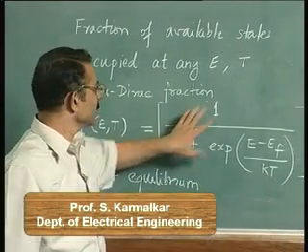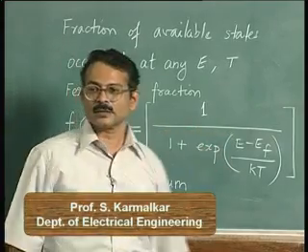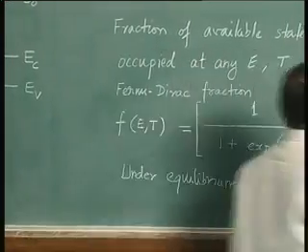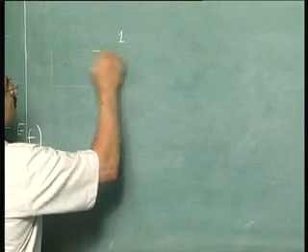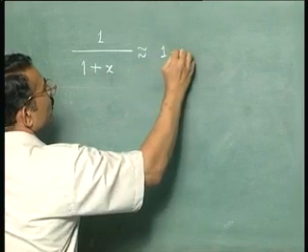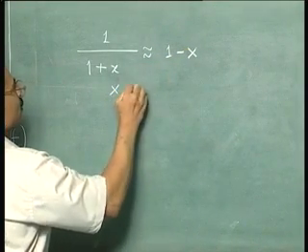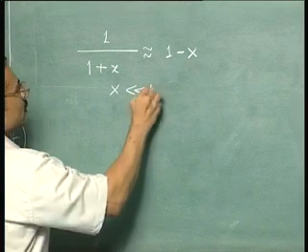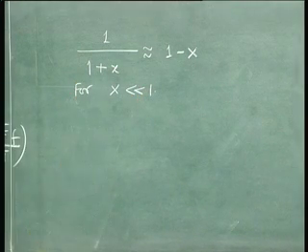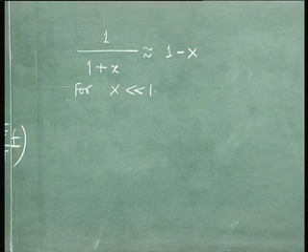If that is the case, you know that 1 by 1 plus x, where x is much less than 1, is approximately 1 minus x. You are familiar with this approximation.